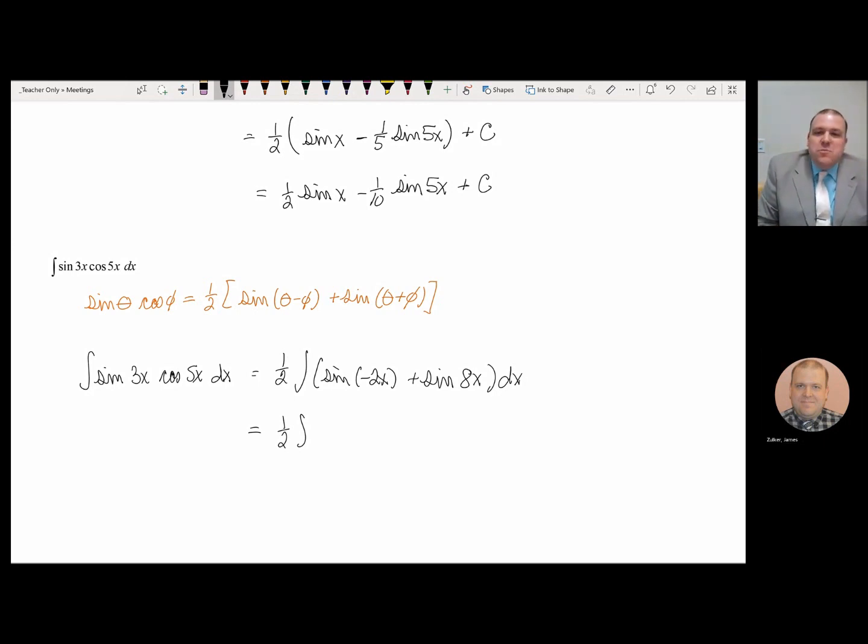Cosine being even would mean cosine of negative x is equal to cosine of x. So I'm going to write sine of negative 2x as negative sine of 2x. It does not affect your results.